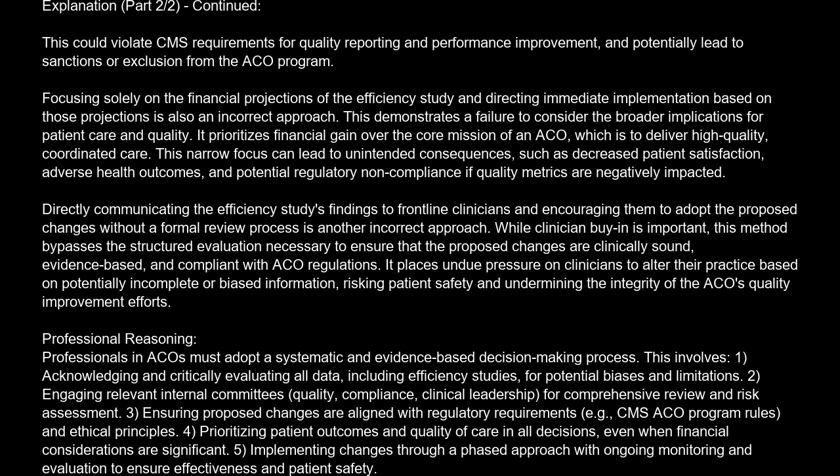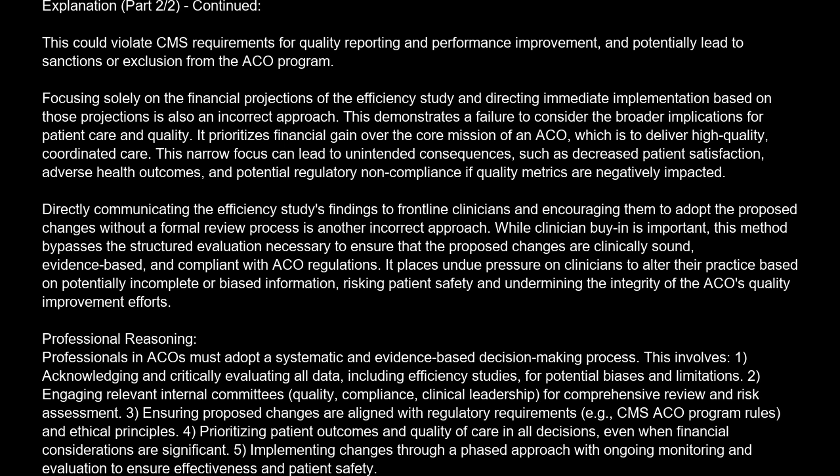Professional reasoning. Professionals in ACOs must adopt a systematic and evidence-based decision-making process. This involves: 1. Acknowledging and critically evaluating all data, including efficiency studies, for potential biases and limitations. 2. Engaging relevant internal committees, quality, compliance, clinical leadership, for comprehensive review and risk assessment. 3.